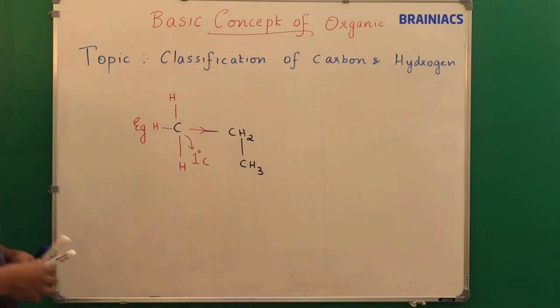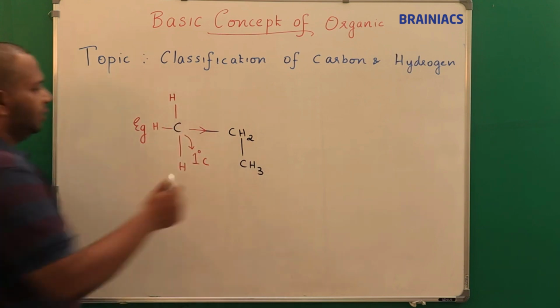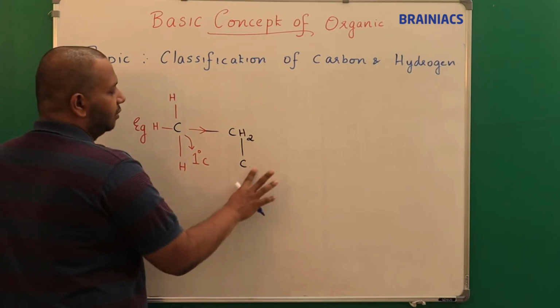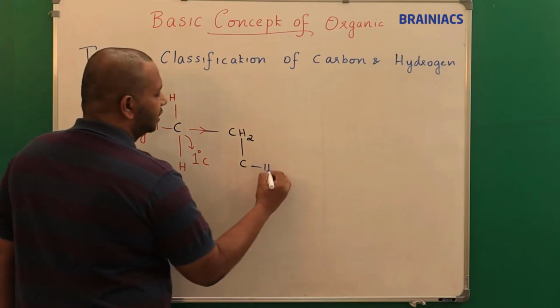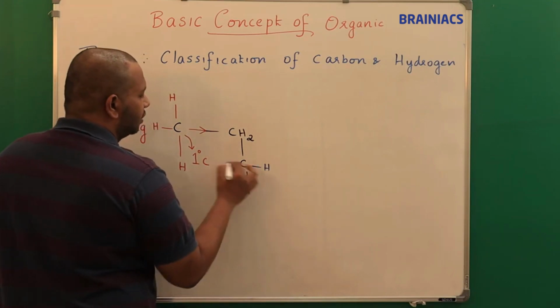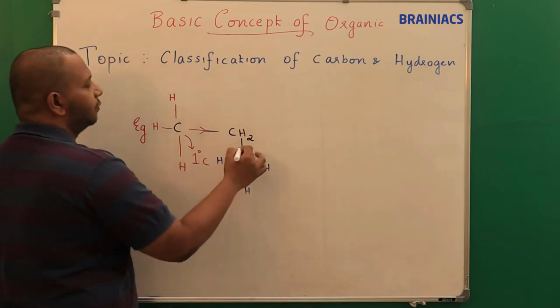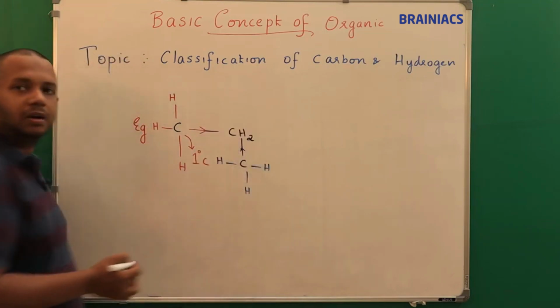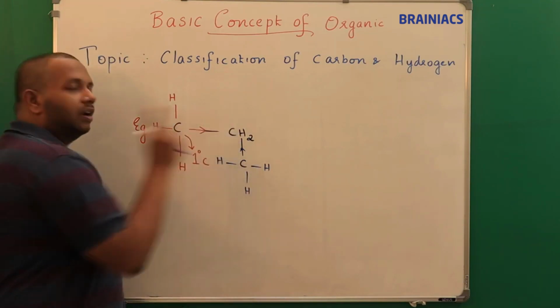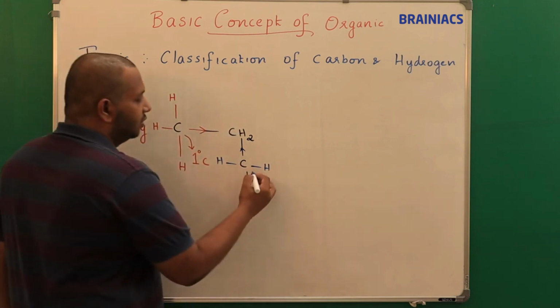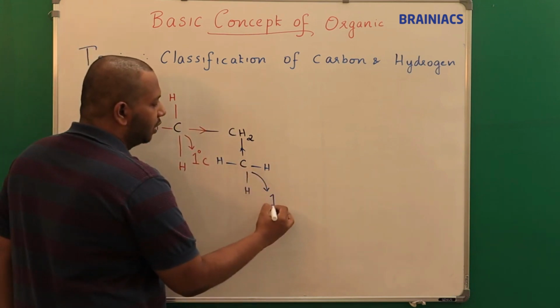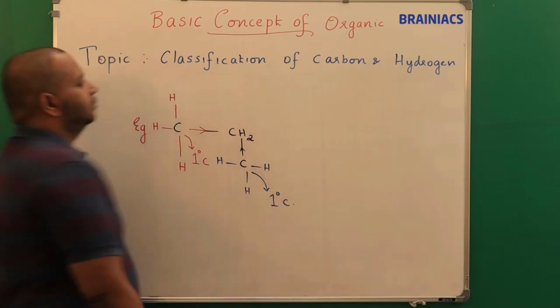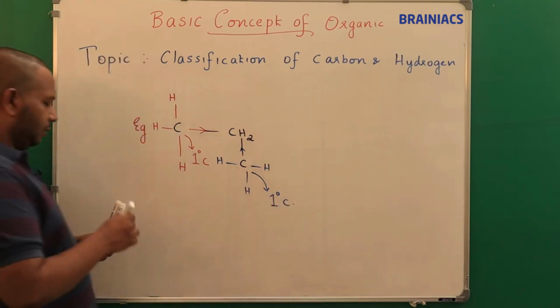Correct? Now if I see this one, it is also similar, right? Because here also 3 valencies are connected to hydrogen and the 4th valency is connected to carbon. So it is also connected to one other carbon atom. So this is also what sort of carbon? 1-degree carbon. Correct?